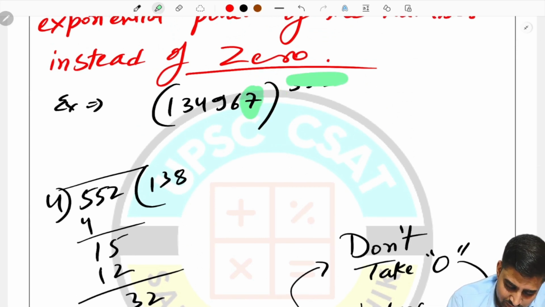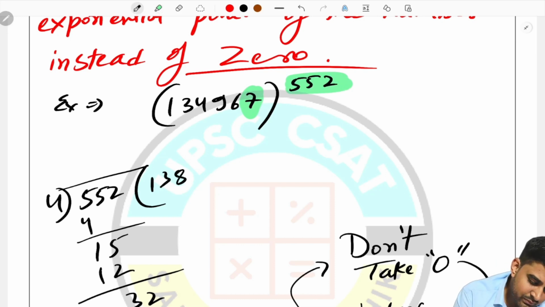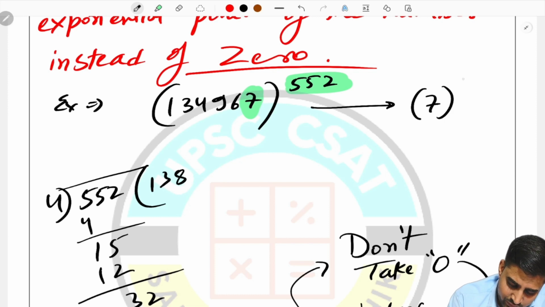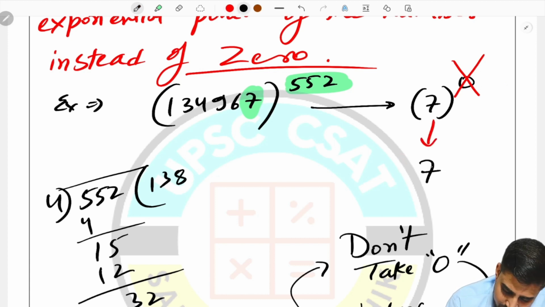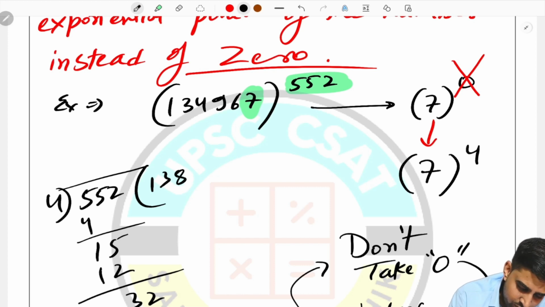And now this power became 7's power 0. You are not going to take this 0, you have to take 4. 7's power 4. You have to take 4 and now calculate the power of 4.